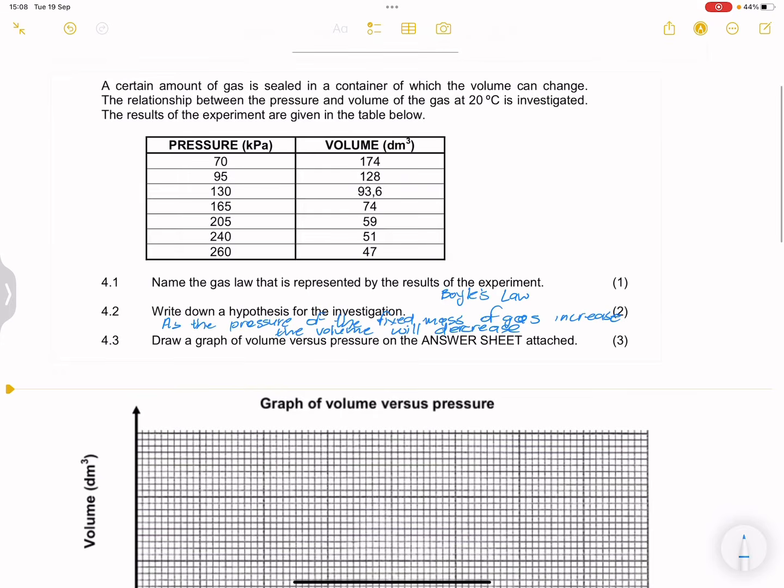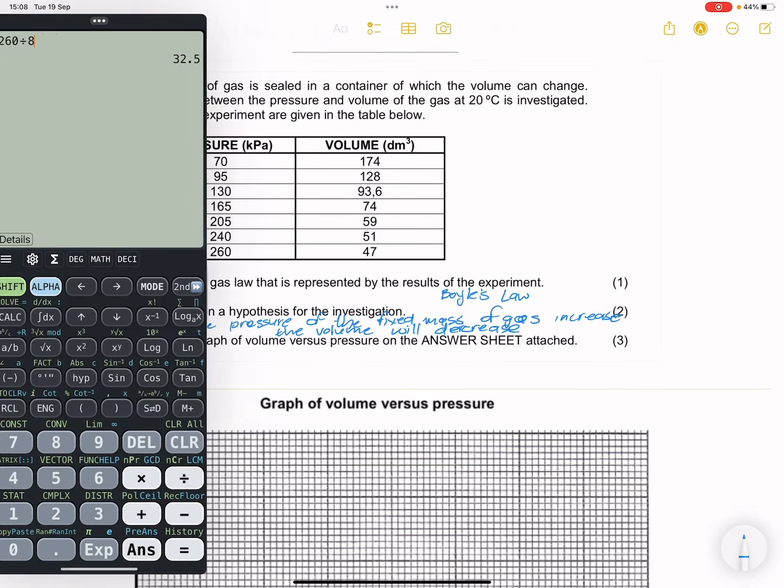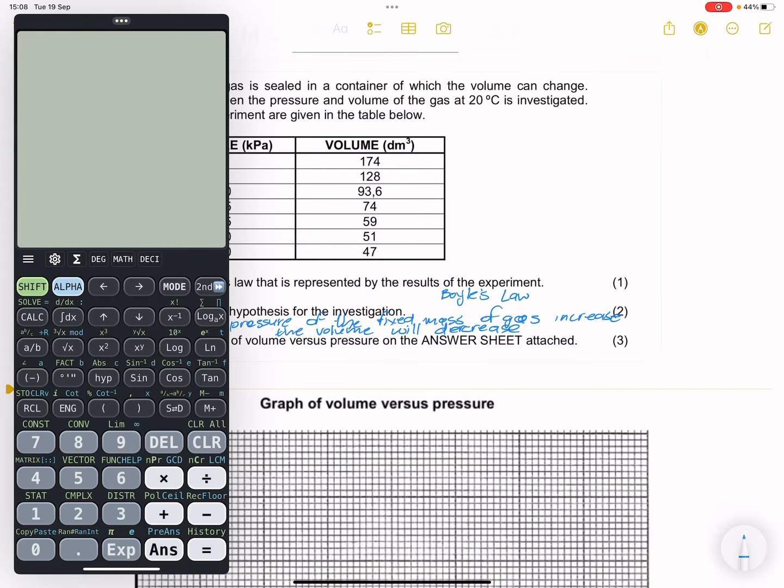And then we're going to look at volume. The highest value that I have is 174, having started from 47. Again, I can do the same thing and check what would be a suitable scale. Remember, we've got 8 lines, 8 divisions there.